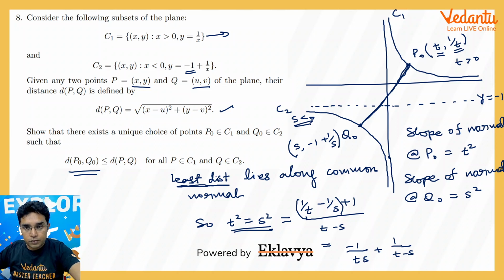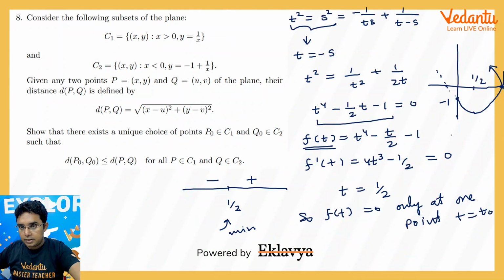By simple observation, it can be said directly that if you go any further from this point to here or this point to here, the distance is going to become more than what p naught q naught gives us. In fact, there is a possibility that we may have points lying on C2 and C1 such that the distance is infinity also. So there is no question of this becoming a point of local maximum. It has to be a point of local minimum.